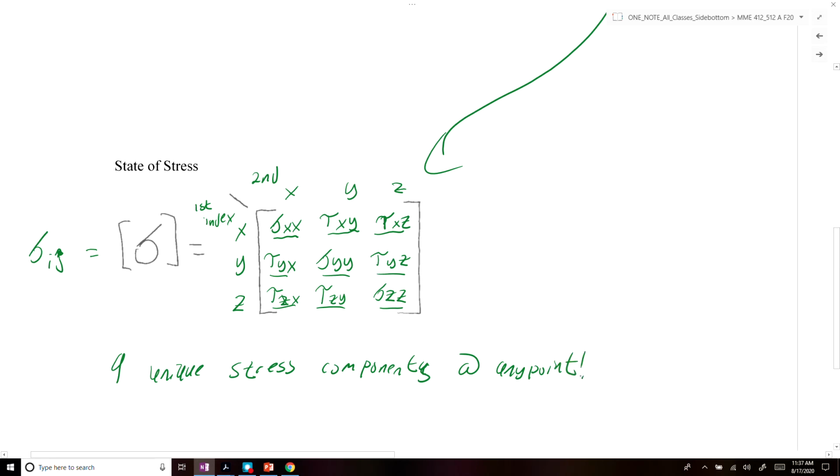All right. So what we're going to do now is look at the stress element a little bit closer, and see if we can relate any of these individual elements within the matrix.